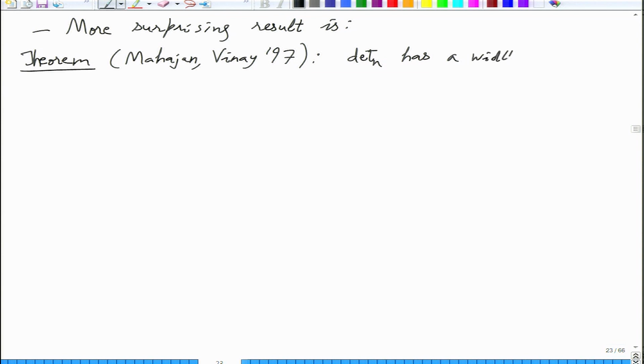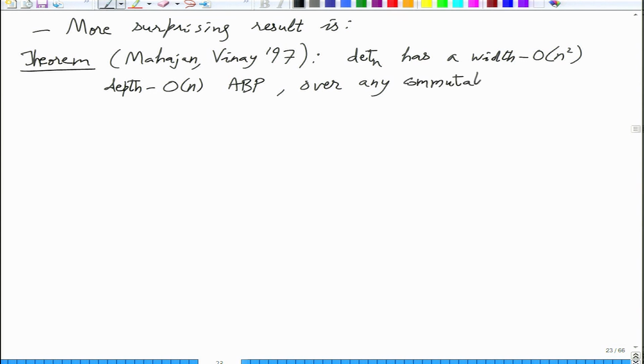The width is only n squared and depth is only n, over any commutative ring. So in particular over fields it is true.